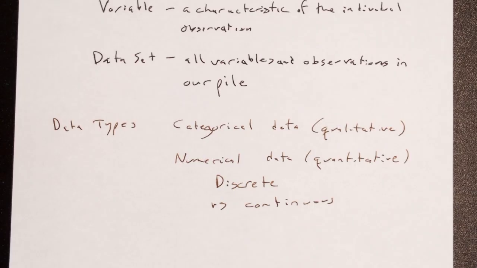A lot of times we see categorical data coded numerically. We sometimes, but not often, see numerical data coded in categories. How often do you make a phone call on your phone?